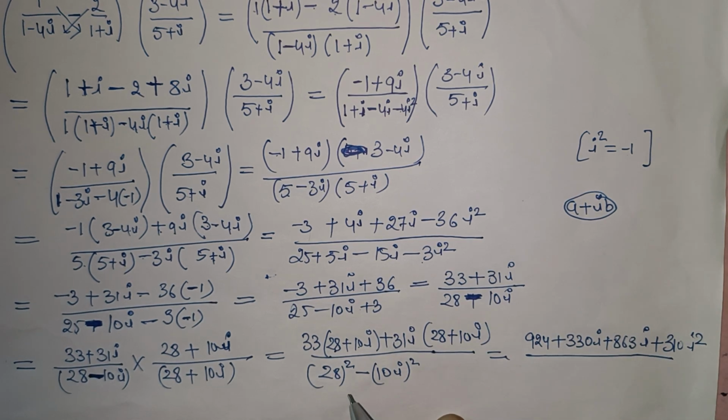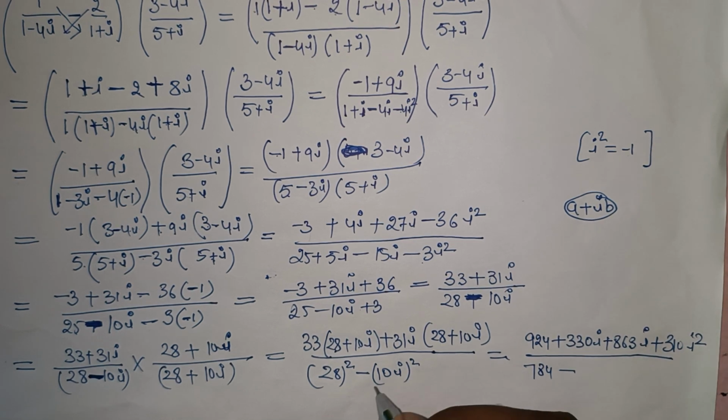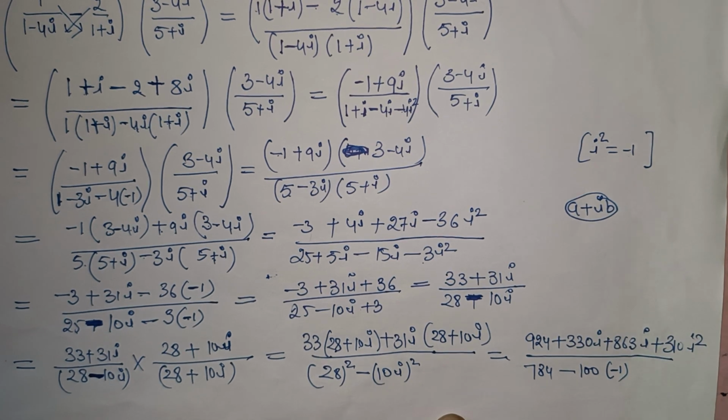The denominator is 28 square, which is 784, minus 10 square, which is 100, into iota square, which is equal to minus 1.